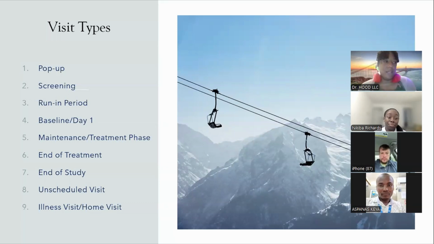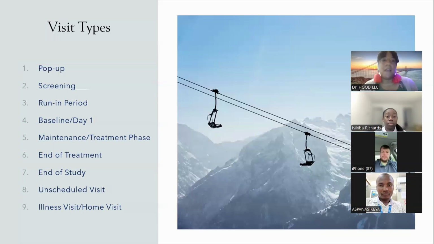So it's not really part of the protocol, but it might be part of the site's process of getting subjects in. So you have to pop into the clinic, or you might already be in the clinic, but the PI just sees a potential patient through their standard care practice, and they want you to present the clinical trial to that individual. The screening visit is the visit where the subject has agreed to participate.